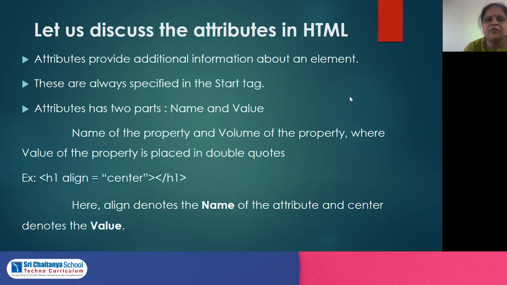These are always specified in the starting tag. Whenever I'm writing a starting tag, inside the starting tag, after the tag name, we will write the attribute for it. I will explain it when you learn the different attributes. Attributes have two parts. Each and every attribute will have two parts, that is name and value.